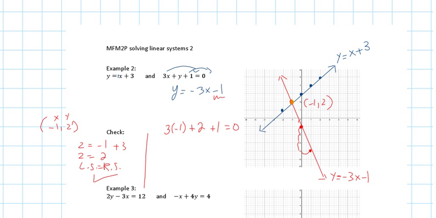So what's 3 times -1? -3 plus 2 is -1. Add 1 is 0. Again, that tells me that my solution is correct and I'm going to get full marks for it. Okay? So here's what I want you to do.